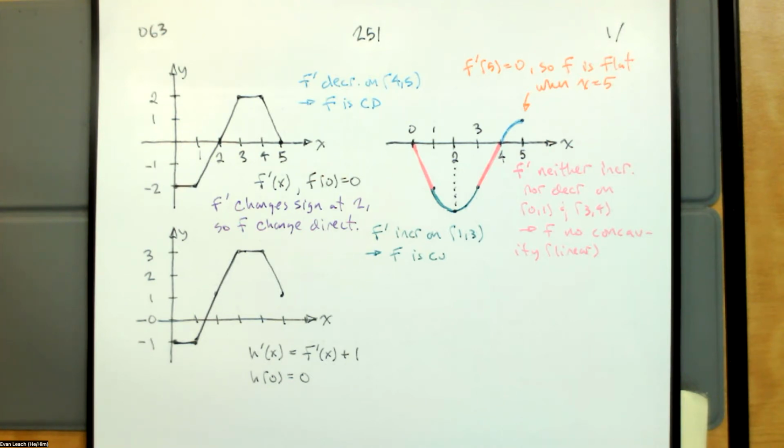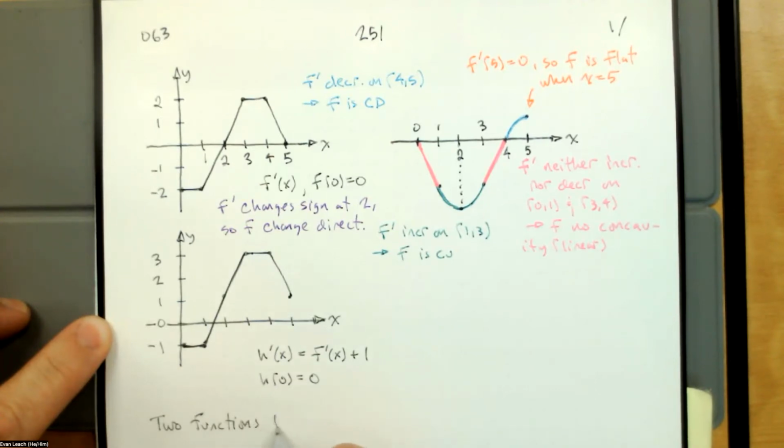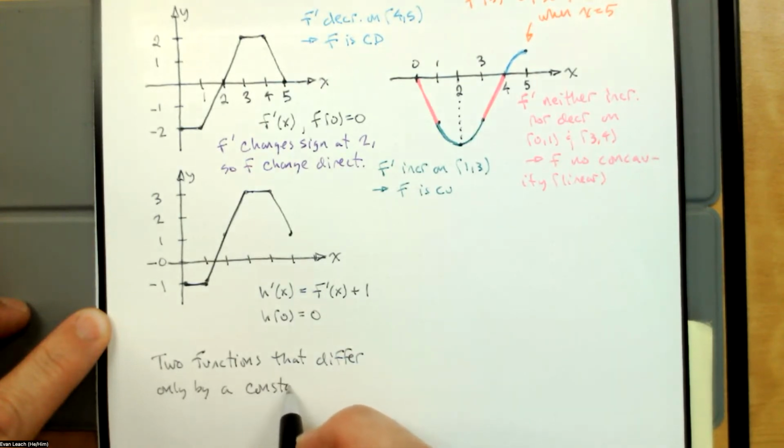So two functions that differ only by a constant term have the same derivative.